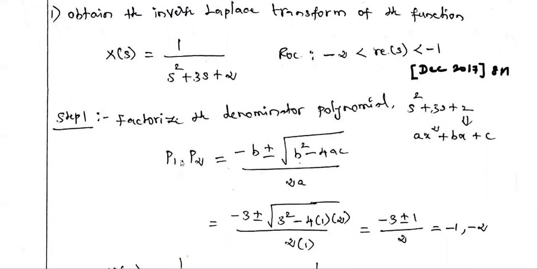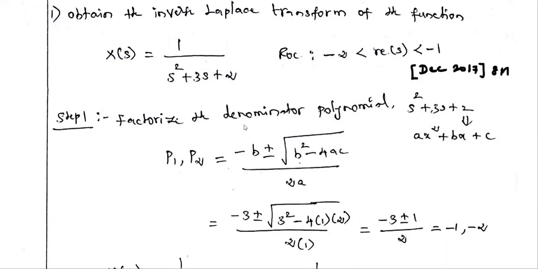So the poles p1 and p2 are calculated by minus b plus or minus square root of b squared minus 4ac, divided by 2a. Here b is the coefficient of x, a is the coefficient of x squared, and c is the constant. Here b is 3, a is 1 and c is 2.